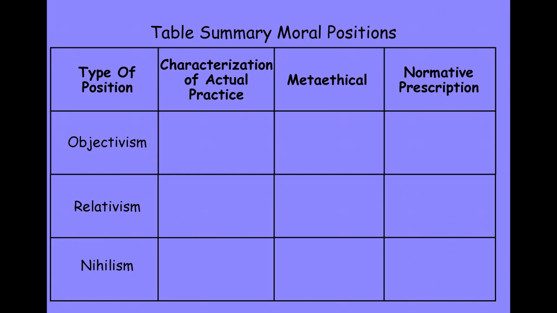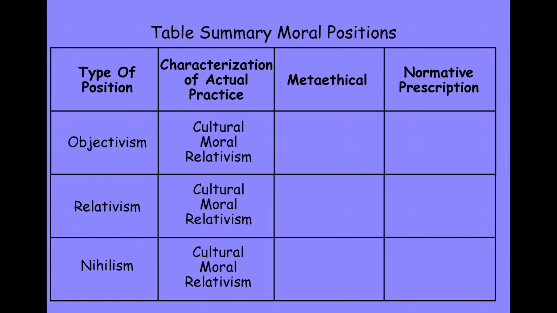So all of these views, as Rachels presents them here, have to be views that are well advanced. And so they all have to deal with this characterization of actual practice that we've termed cultural moral relativism or descriptive cultural relativism, this view that there are differences in moral practices and moral codes across cultures and across times.